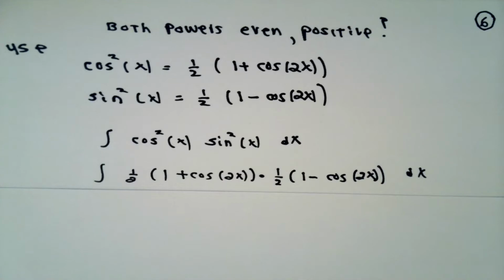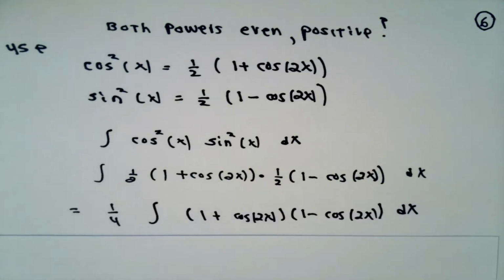We've got two factors of 1/2. We can pull those out in front of the integral and write it as 1/2 times 1/2, or 1/4. The quantity inside the integral is 1 plus something multiplied by 1 minus something.